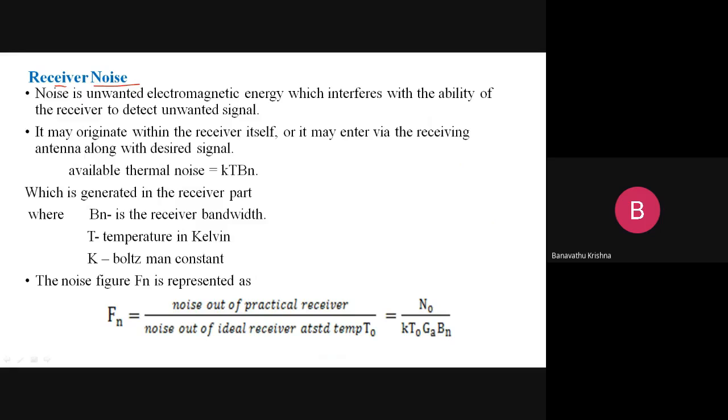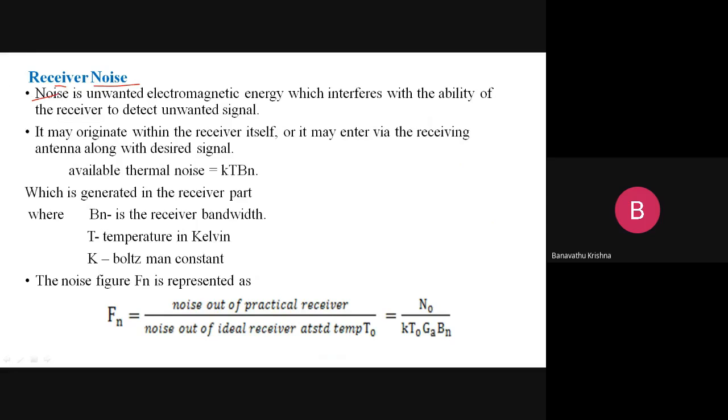So what can we do here? We can discuss whether the noise enters along with the signal from the target through the medium, or is generated by the equipment itself.